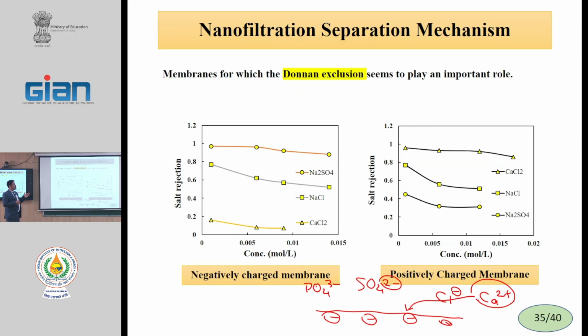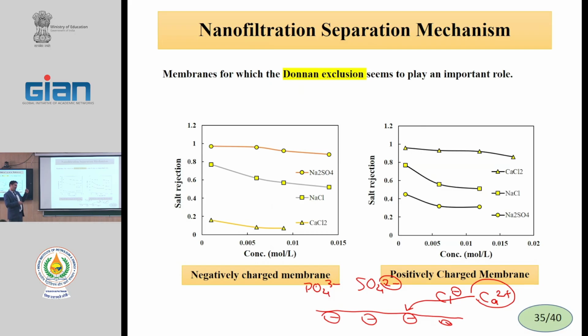This charge, in most cases, can influence the rejection, but we do not have only this mechanism. In the separation, we have a mix of mechanisms. For example, if we have a bigger pore size and more negative charge, we cannot separate these salts.